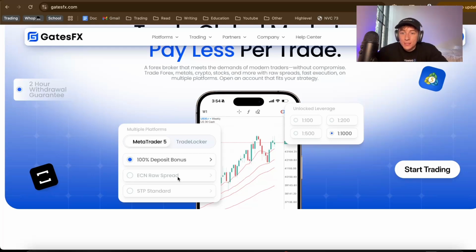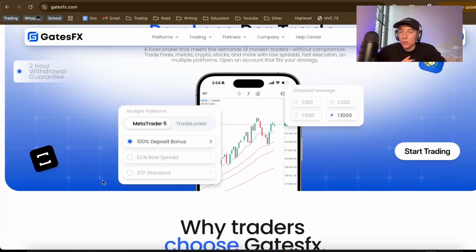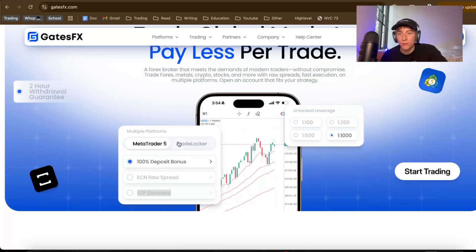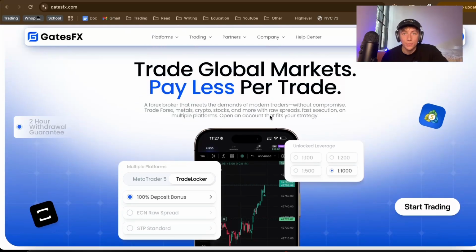I personally use the ECN raw spread and 1 to 1,000 leverage account for my main account. And then there's also, if you're not able to deposit at least $500, the STP standard account, which has no commissions whatsoever. So that's very beginner friendly. And then they offer MetaTrader 5 and TradeLocker. But I was showing you guys TradeLocker. That's the platform that I personally use and prefer.